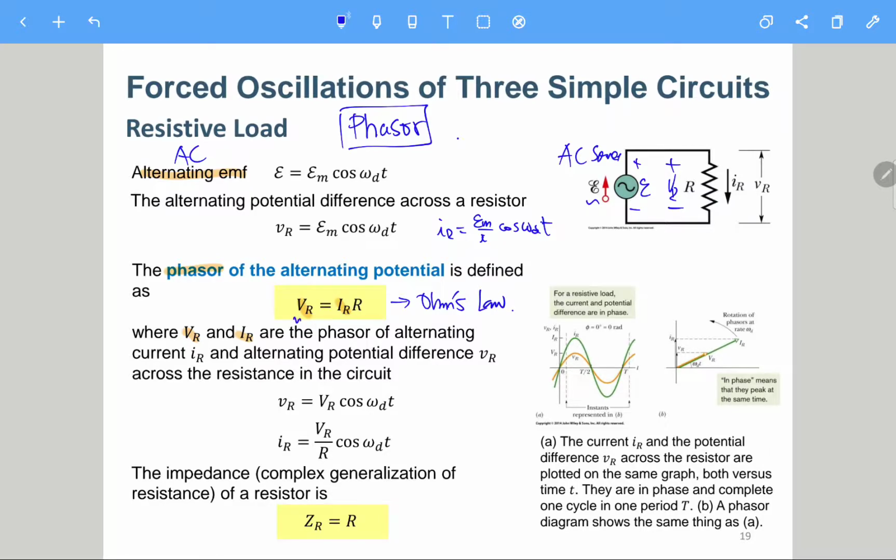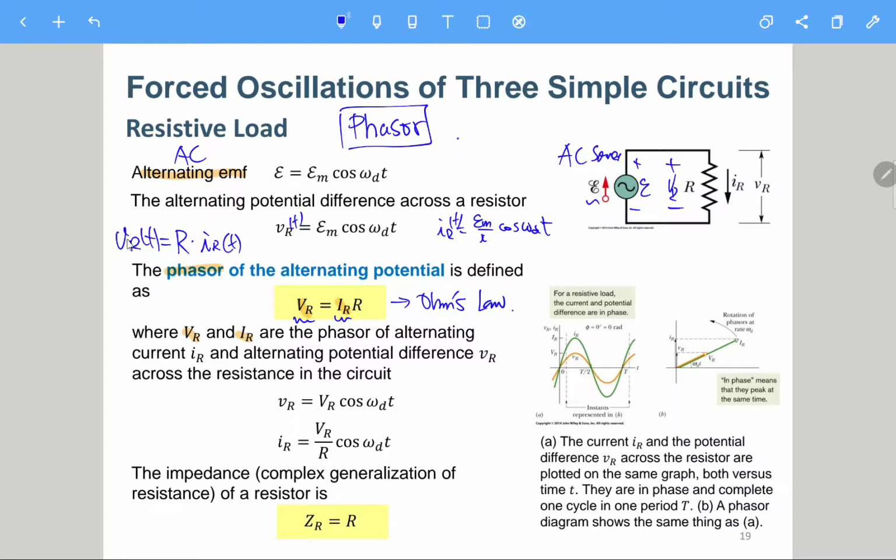And here we have a number equal to a number times the resistor. So it will be easy. Rather than writing V_R as a function of time equals R times I_R of t. This is a function of time, and this is also a function of time.